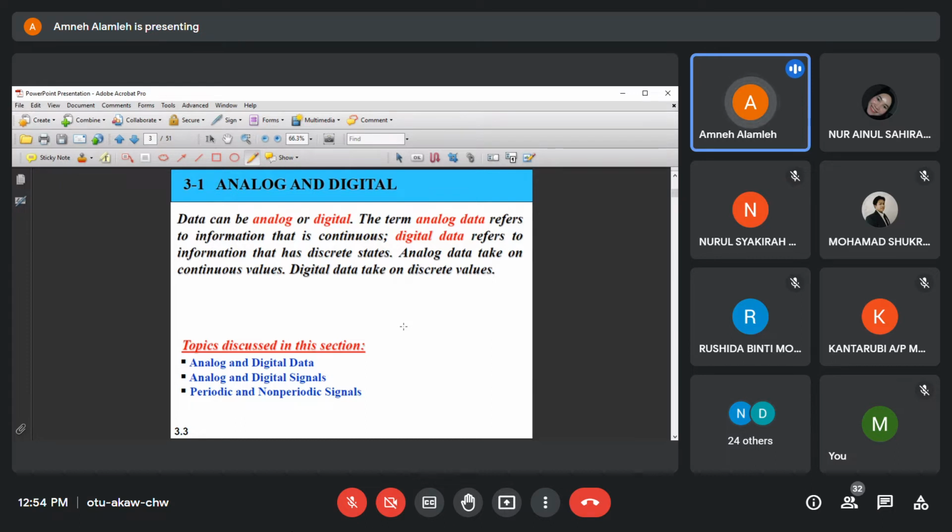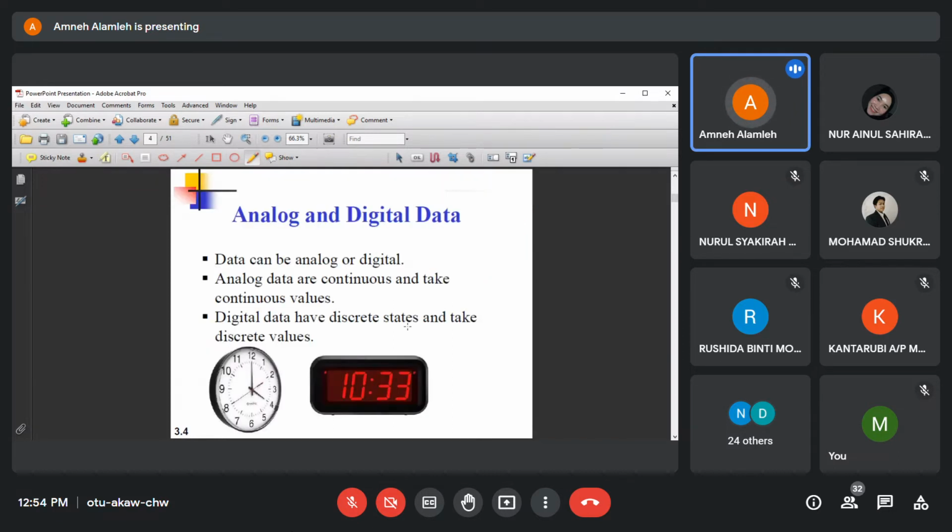Analog data take on continuous values, and digital data take on discrete values. We will see examples. Again, analog data are continuous and take continuous values.